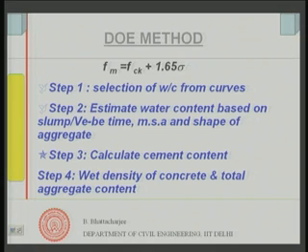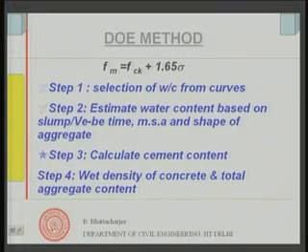Instead of calculating it in terms of the volume of the solid and water, where you know the volume of the cement and the volume of the water, and the rest of the volume is occupied by the aggregate, in this case it gives you a curve for wet densities of concrete, and from the wet density we can find out the total aggregate content.